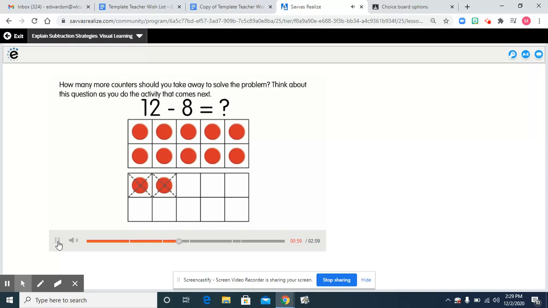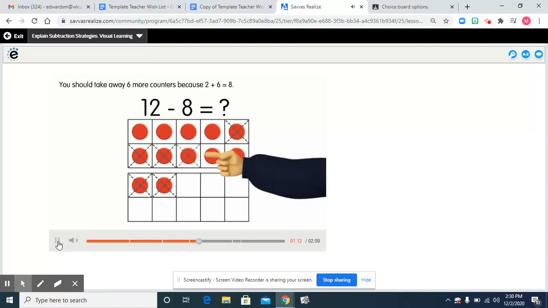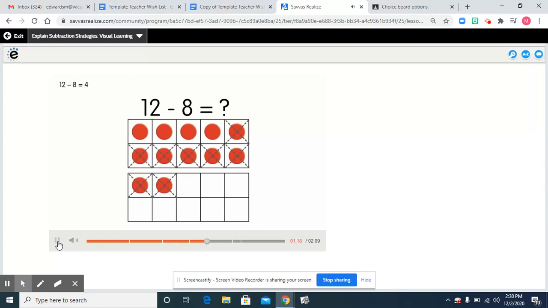How many more counters should you take away to solve the problem? Think about this question as you do the activity that comes next. You should take away 6 more counters because 2 plus 6 equals 8. 12 minus 8 equals 4.